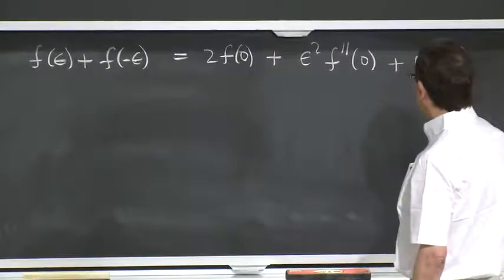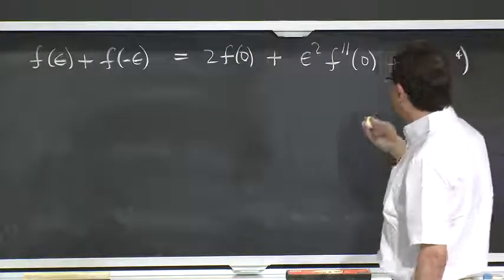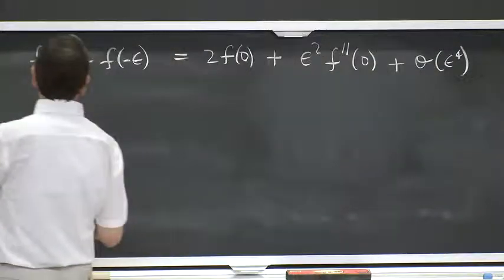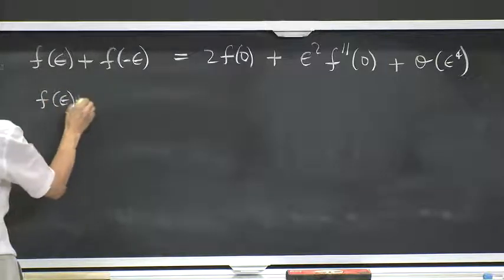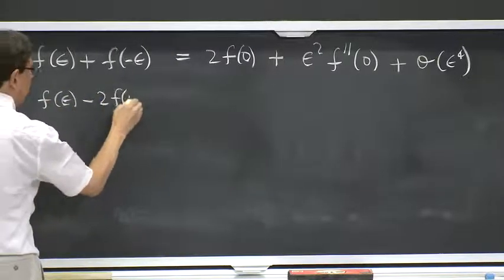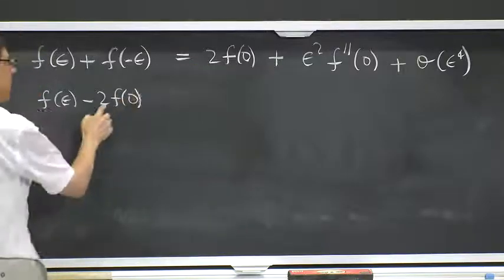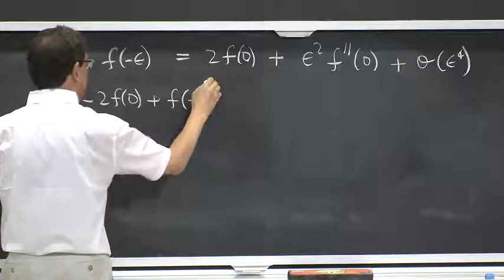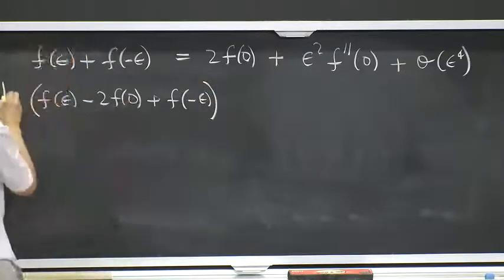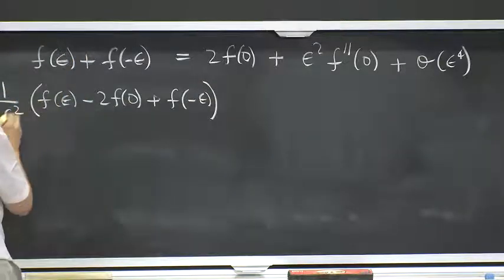So actually, if you divide by epsilon squared, let me do the following. Do f of epsilon minus 2f of 0, I pass this term to the left-hand side, plus f of minus epsilon, times 1 over epsilon squared.